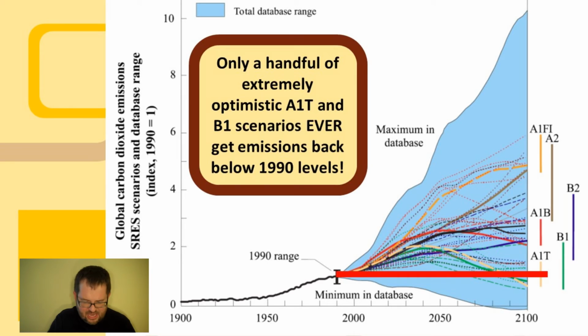Even within the A1Ts, only a couple of them ever get below 1990 levels. And only a couple of the B1s, that's the Star Trek solution where we have global government and intergovernmental efforts to make the greenest possible transitions in the economy. Even a few of them only ever managed to get as good as 1990. I'm not happy about that.